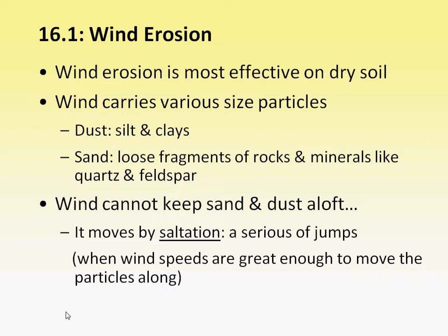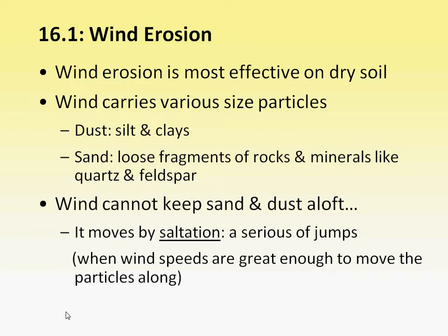This jumping, if you will, is called saltation. And so if saltation speeds are great enough, it picks up particles. The higher the speed of the wind, the bigger the particle that gets picked up. And so again, saltation is a series of jumps.